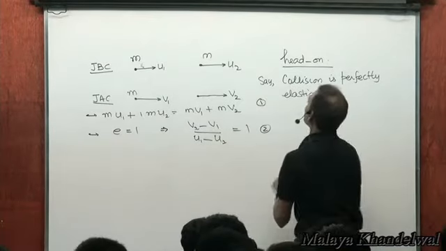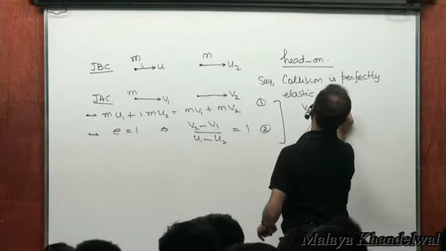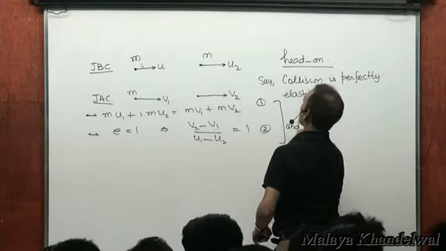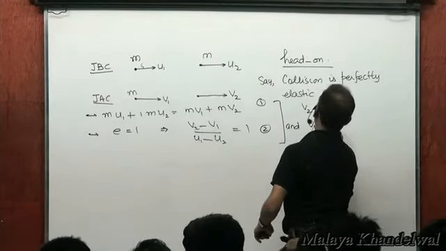When you solve for V1 and V2 from these equations, simultaneous equations, you will get V2 equal to U1 and V1 equal to U2.